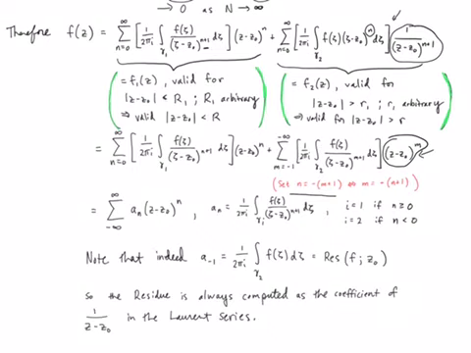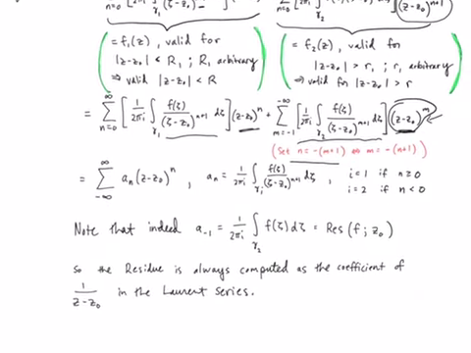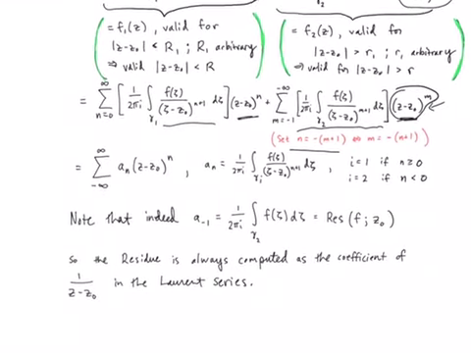Right, so we can rewrite this as a sum from negative 1 to negative infinity, where the integrand in the coefficients has the same form as the integrand over here, and the powers of z minus z naught look more like the powers of z minus z naught there. So algebraically, formally, those expressions look a lot more similar.